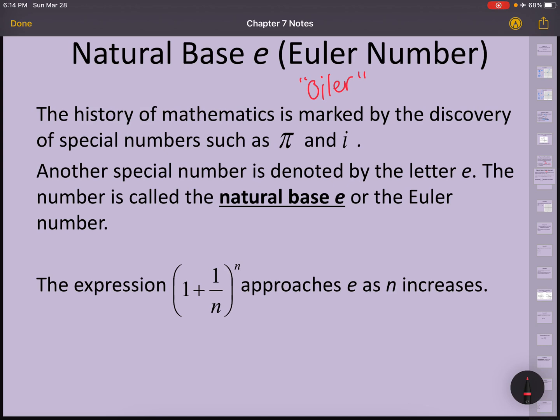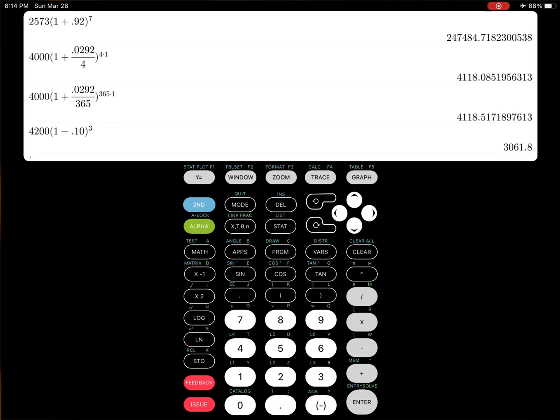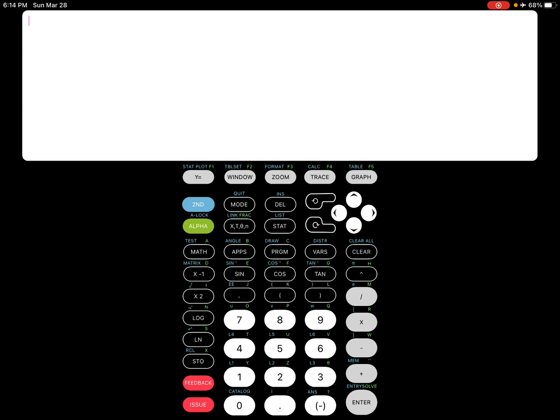So how we could put this in the calculator is if we go second and the ln button, which is below log on the left hand side, is the e. And if we put an exponent of 1 in there, e is approximately 2.718. So that's our letter e, or the Euler number.